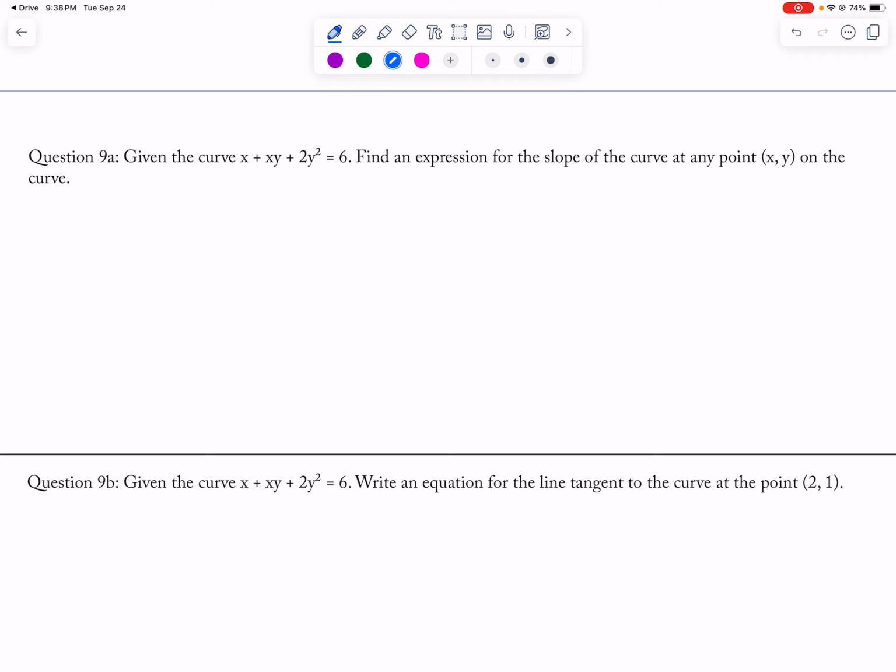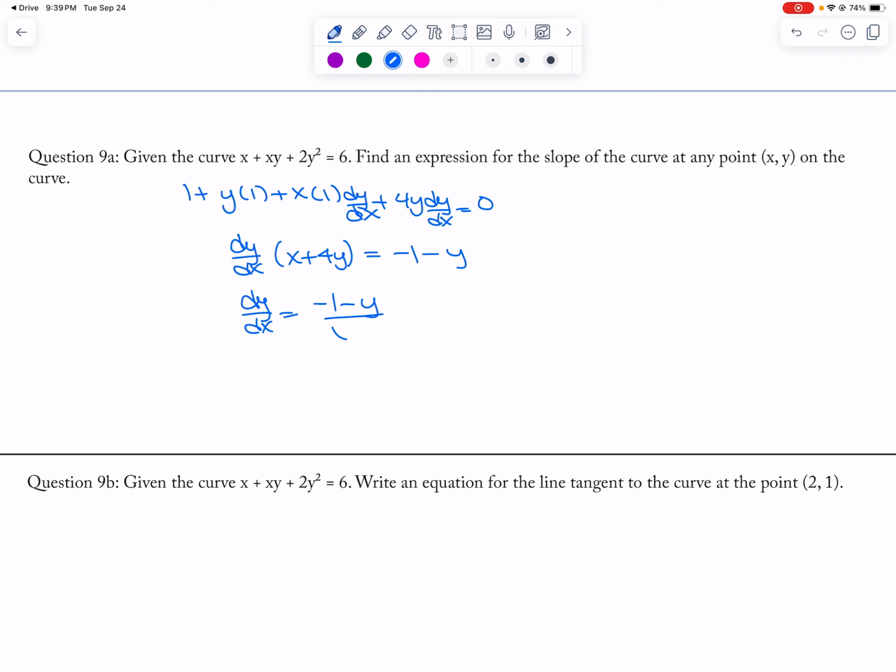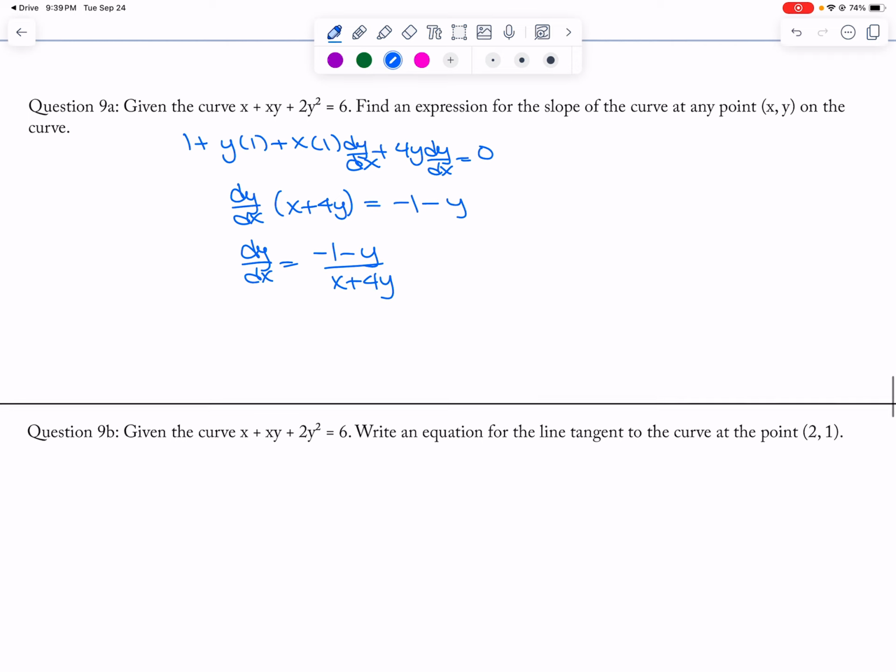So I take the derivative of x, which is 1, plus, okay, so then the derivative of xy is the product rule, so that's y times the derivative of x plus x times the derivative of y, and then plus 4y dy/dx is equal to 0, so dy/dx times (x plus 4y) is equal to negative 1 minus y, so dy/dx is equal to negative 1 minus y over x plus 4y.